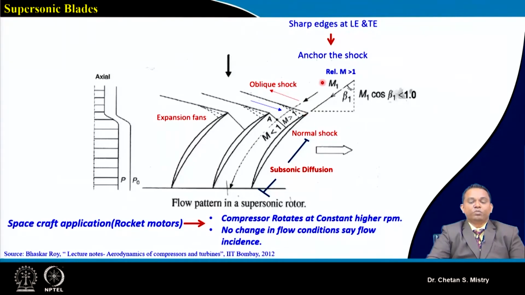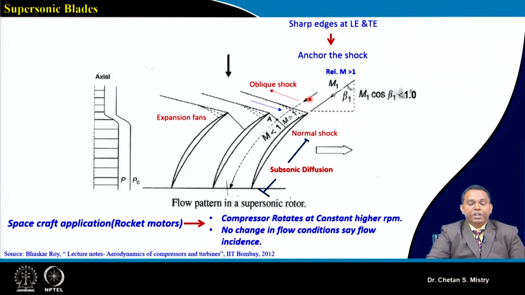We can say it is anchored at the leading edge. Now, because we are having the curvature of the suction surface in such a way, the flow will be subjected to the formation of expansion fans. Okay, so this is representing the expansion fans.